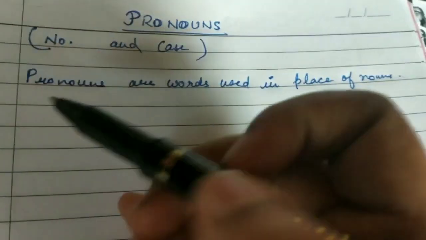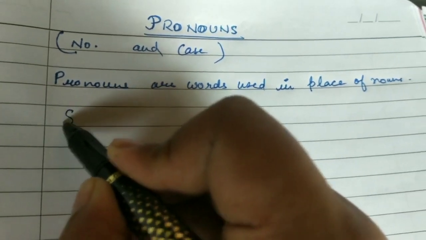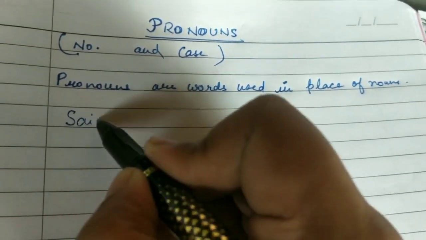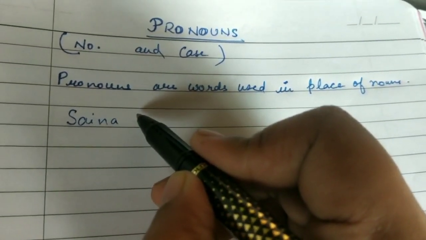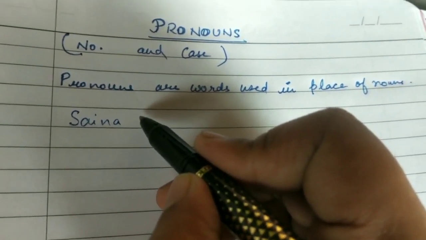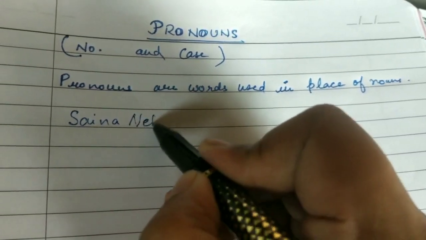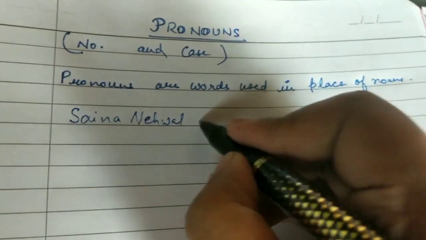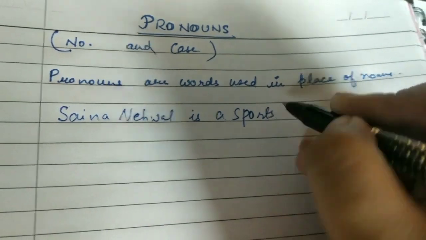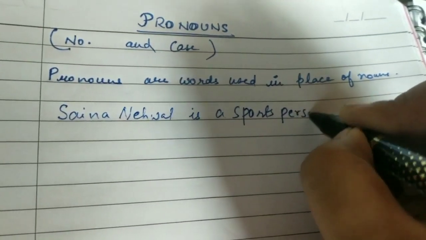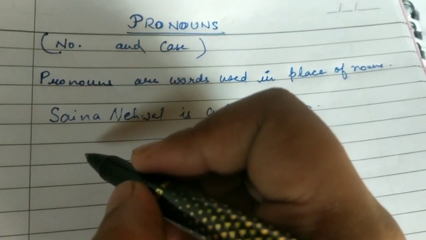Okay, like we use very commonly for a boy or a girl, like Saina. So Saina plays badminton. Saina is a sports person. So the full name we can write: Saina Nehwal is a sports person. Again, if we repeat this same name, it would look weird.